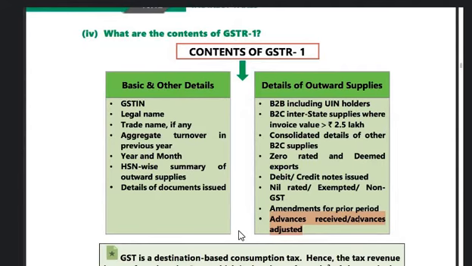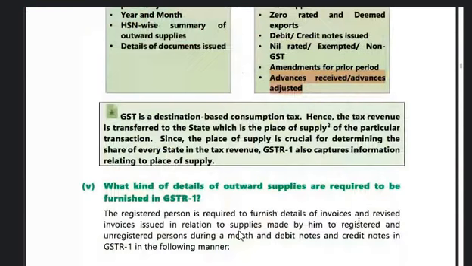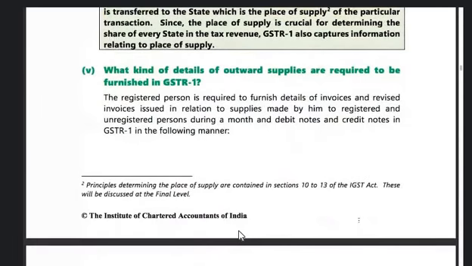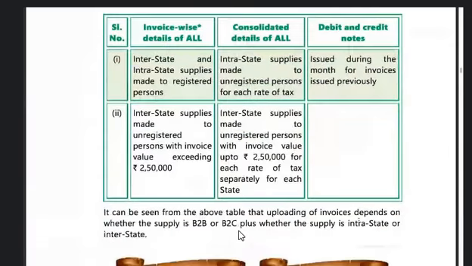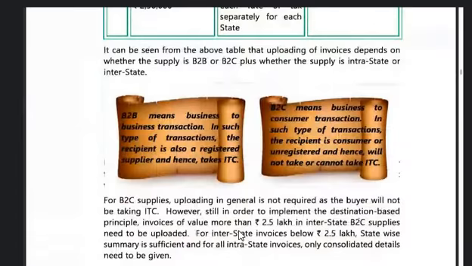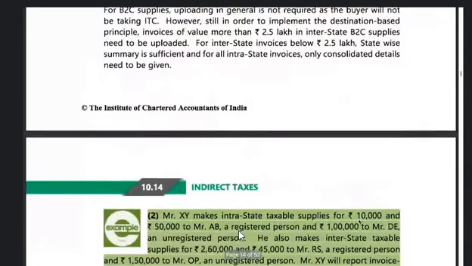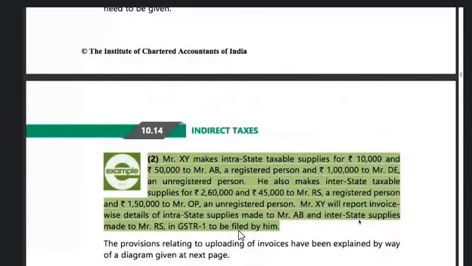Then nil rated, exempted, non-GST, amendment for prior period, advances received and advances adjusted. These are the contents of GSTR1. I have already explained invoice wise and consolidated. B2C means whenever you are supplying to an unregistered person or a consumer.